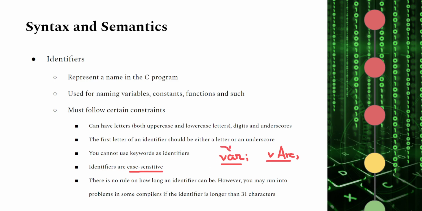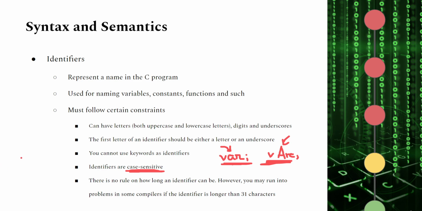It can distinguish lowercase letters from uppercase letters. So these two are completely different identifiers. They are not the same. But yes, we do not promote this kind of use of identifiers. We like to use different names for different identifiers, not rely on this property at all.